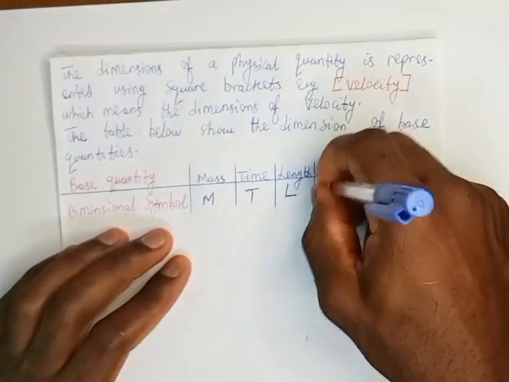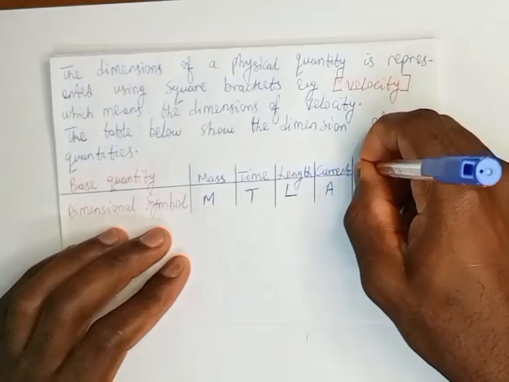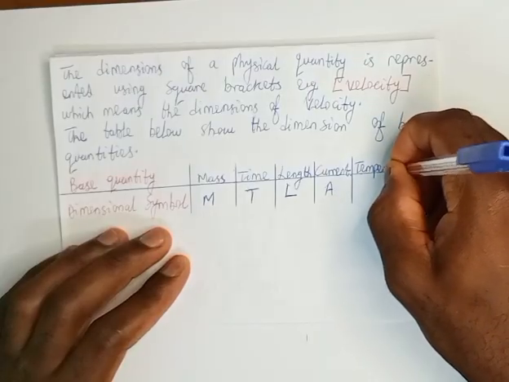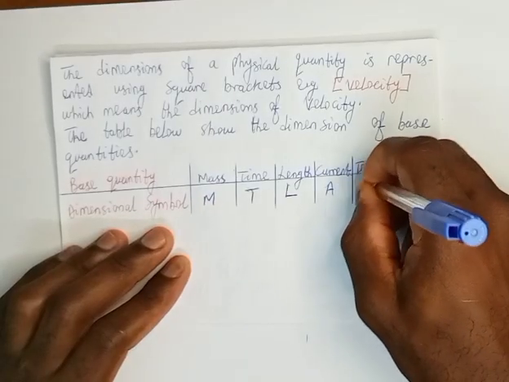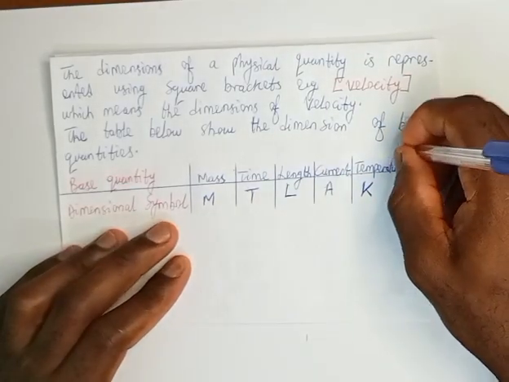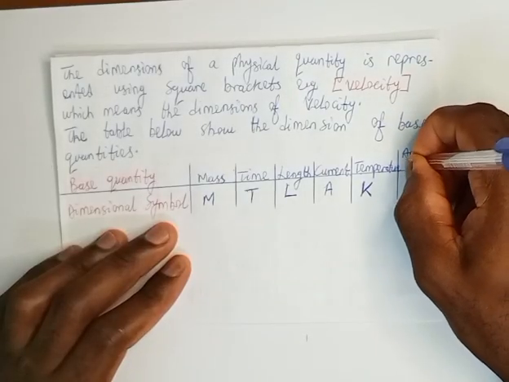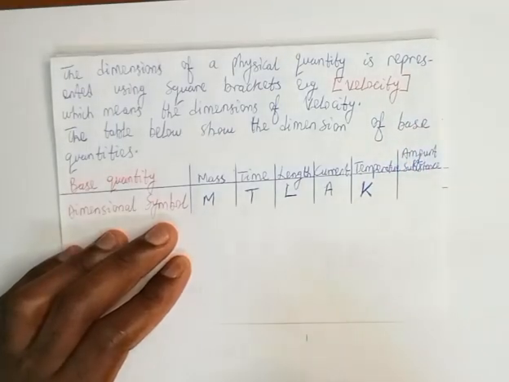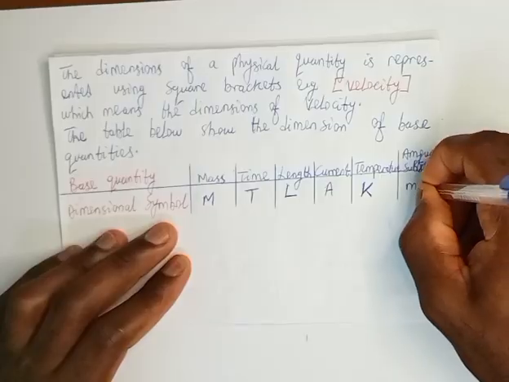It has a dimensional symbol, uppercase A. Next we have temperature, which has dimensional symbol, uppercase K. Lastly, we have the amount of substance, which has a dimensional symbol, mole.